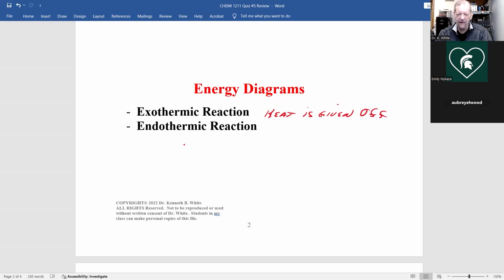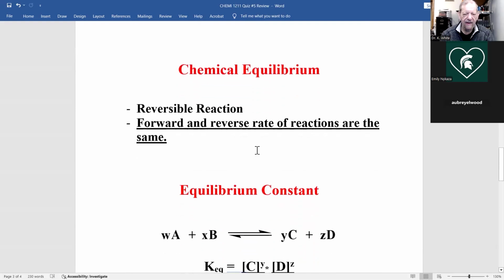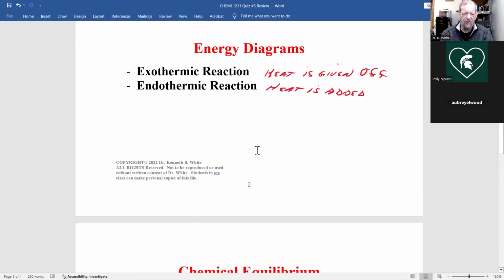And an endothermic reaction where heat is added. And you should know how to do the energy diagrams for these. I'll show you, it's in the problem set, and I'll do one a little while.